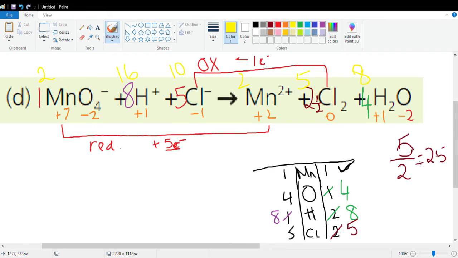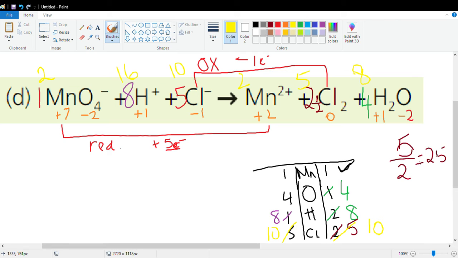But what you'll notice is all of the other numbers have doubled, but if we had done it that way first, we would have ended up with a 10 on both sides here, which would not have been correct. That is not balanced. That's adding in more chlorines to the right hand side than we need.